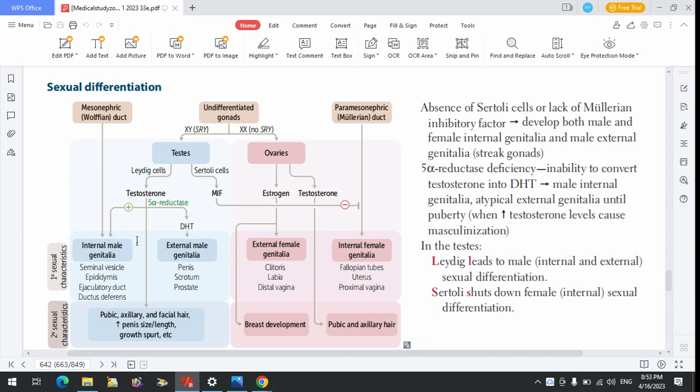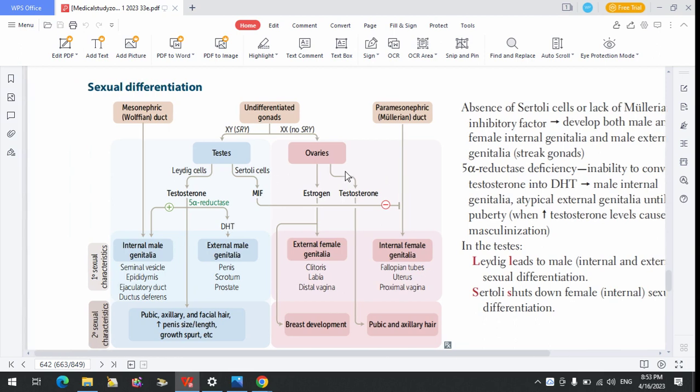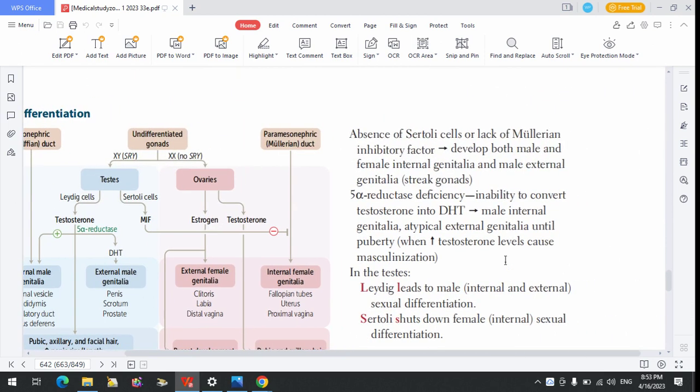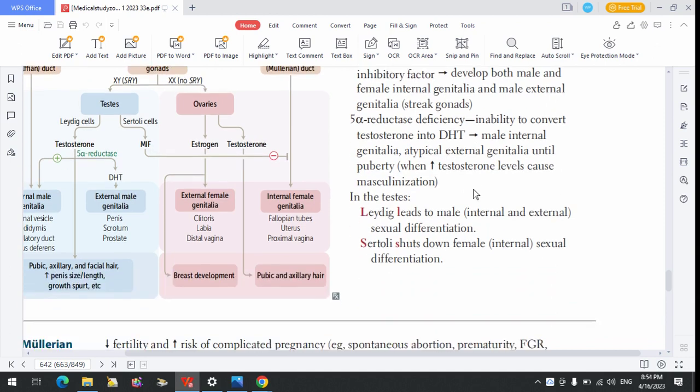Gartner duct. Yeah, so we are okay with that one. So just always remember, when you see a condition in which there's development of both male and female genitalia, you see the person having seminal vesicle, epididymis, and all those things with fallopian tube and all those things, that is absence of Sertoli cell they are talking about.